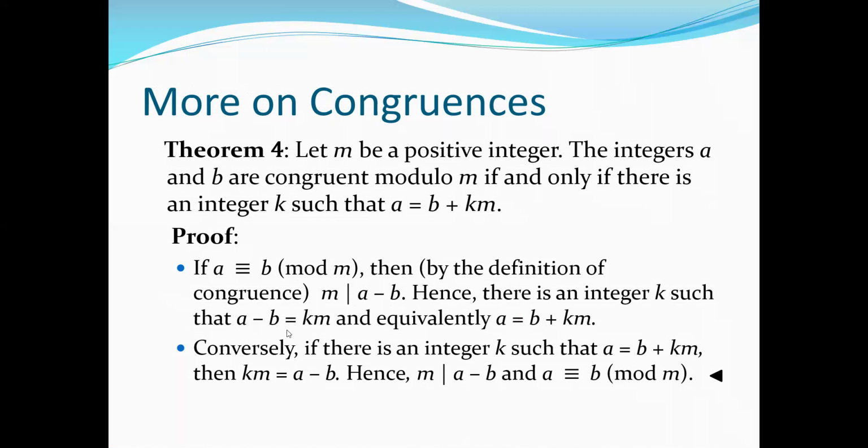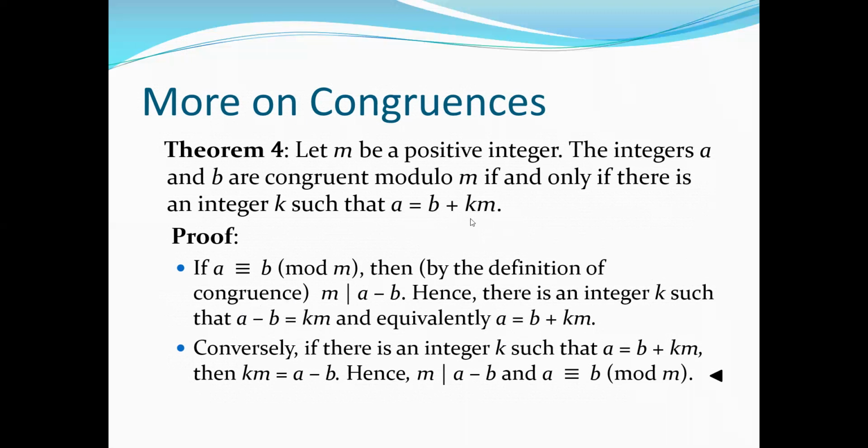Then by manipulating this, transferring b to the right side, we have a is equal to b plus km, which is this.